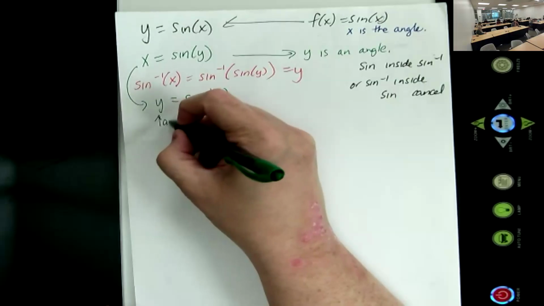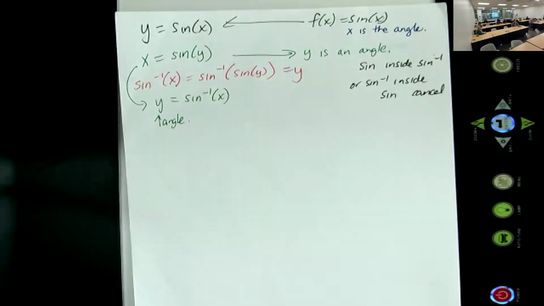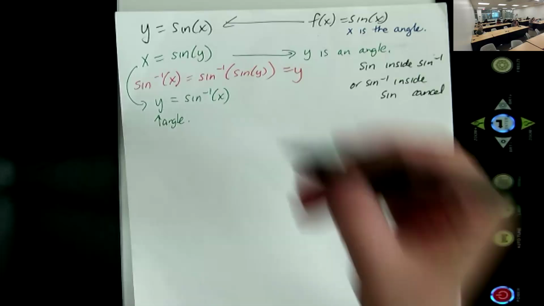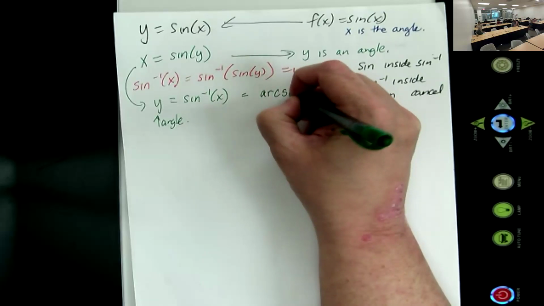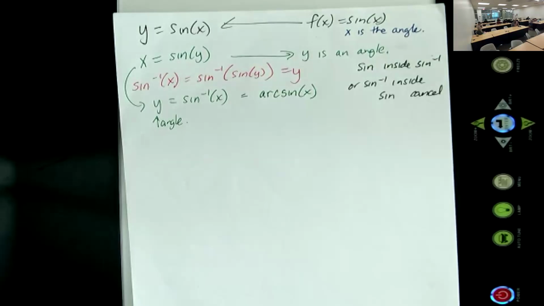This is the angle. And another way to write this, they also call this arc sine. You'll see both notations. Heath was referring to this at the start of class, saw it in the videos.